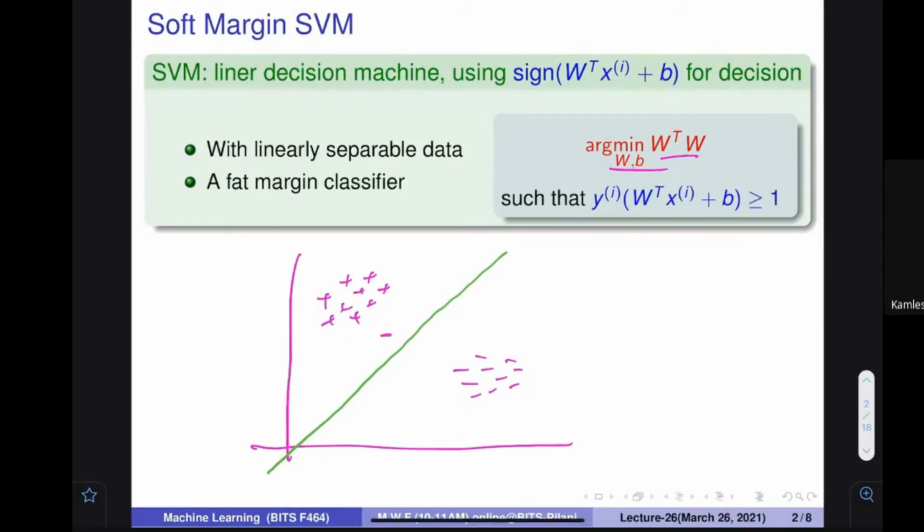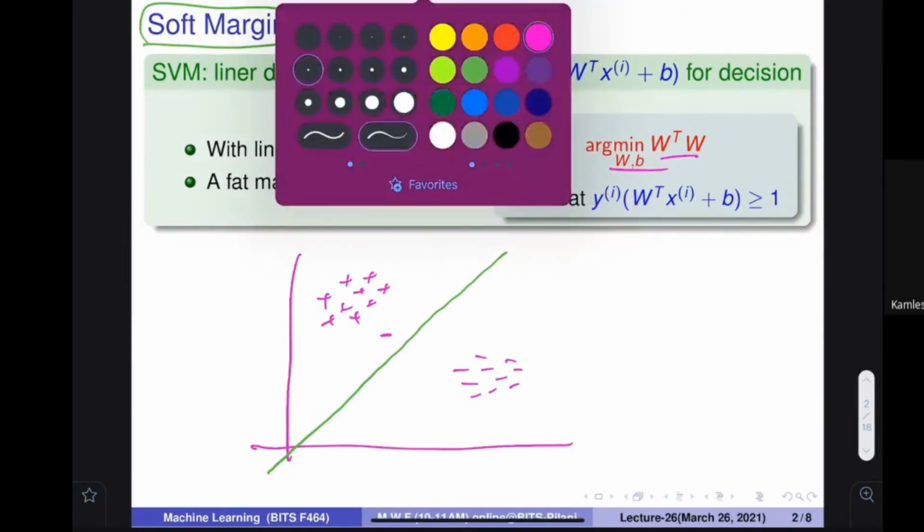For that, there is a concept called the soft margin SVM. What it tells us is that when you find the right classification, let me relax this condition. Let me say minus eta i, for some of the data items I allow that there is some problem.